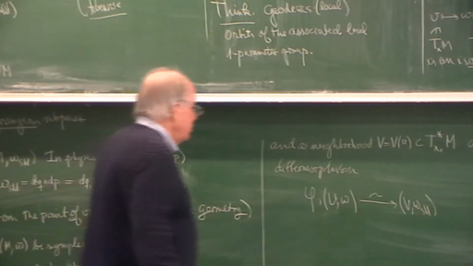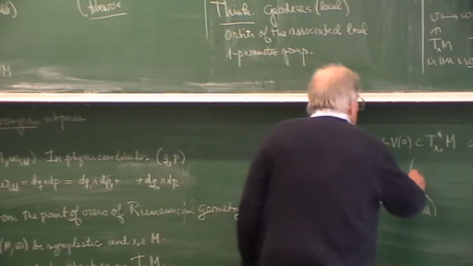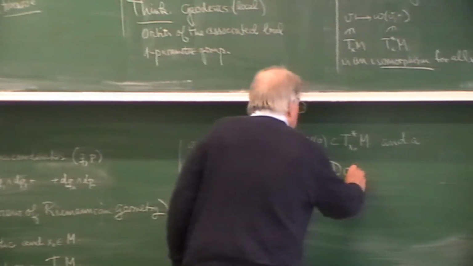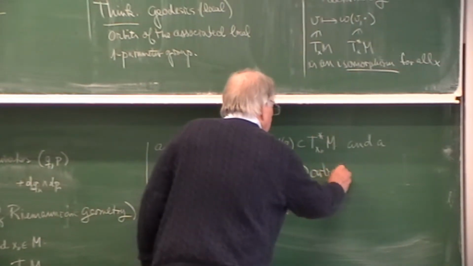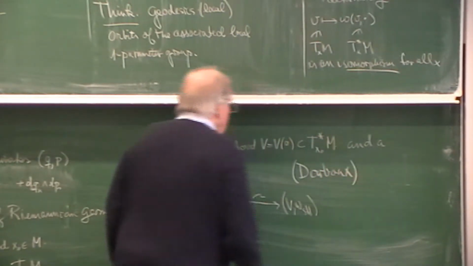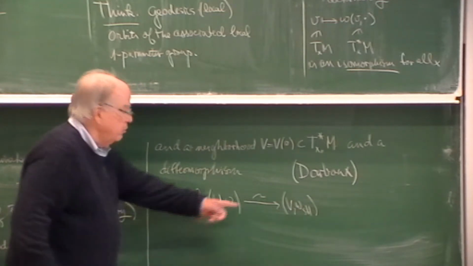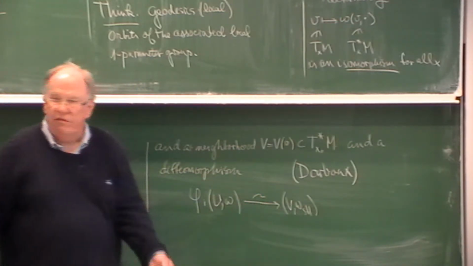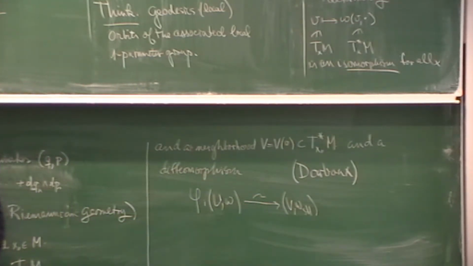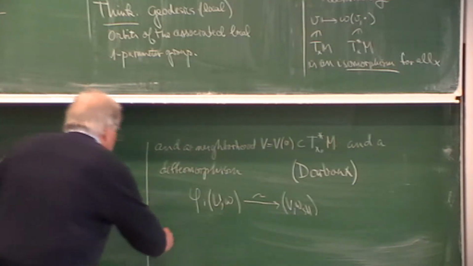And this was proved really a long time ago. This is proved by Darboux, and these are called quite often Darboux coordinates because these are coordinates in a vector space. And if you look at Moser's proof of the existence of these Darboux coordinates, it's actually in some sense constructible. I love very much Moser's proof.